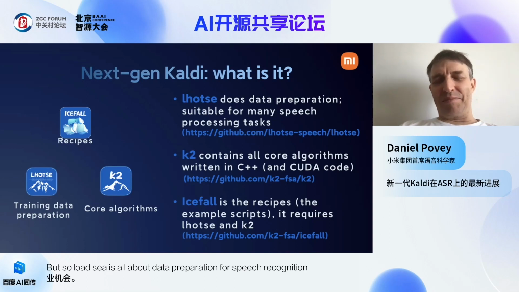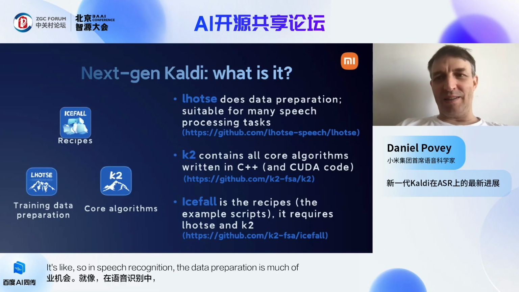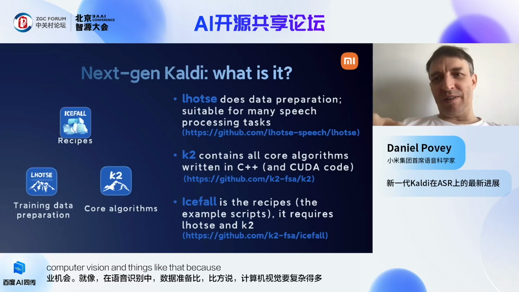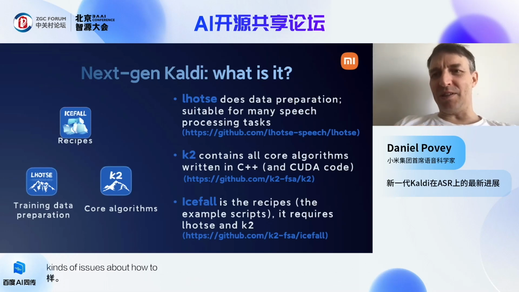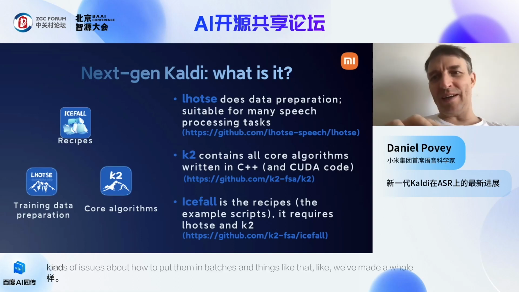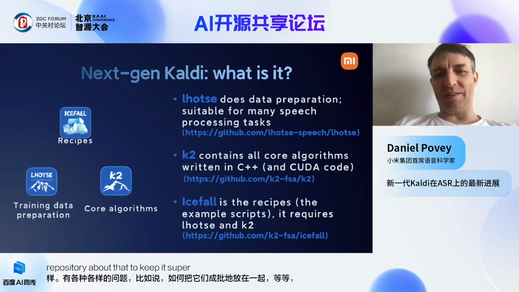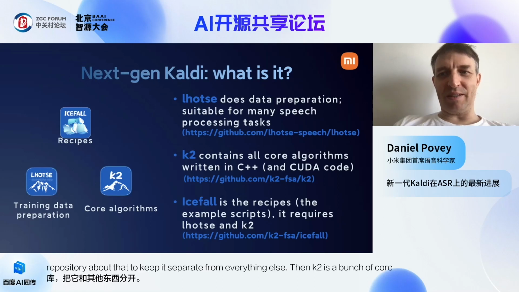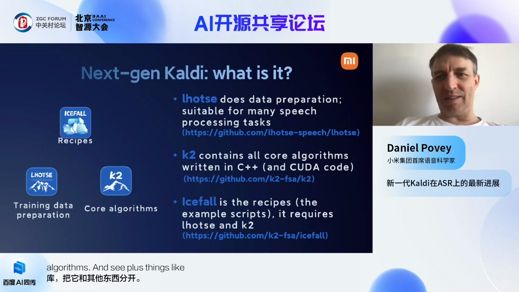In speech recognition, the data preparation is much more complicated than, let's say, computer vision, because the utterances are all different lengths. There's all kinds of issues about how to put them in batches. We've made a whole repository about that to keep it separate from everything else. Then K2 is a bunch of core algorithms in C++, things like lattices and finite state transducers.